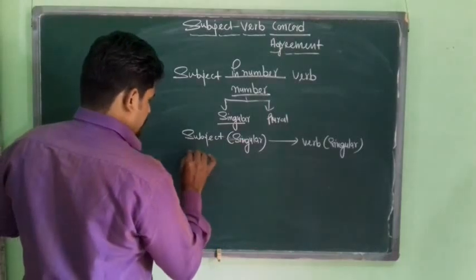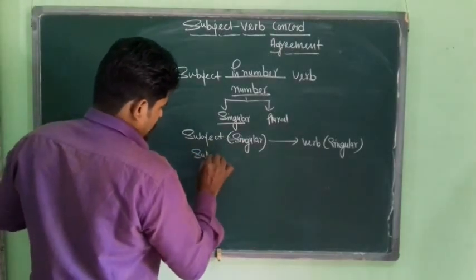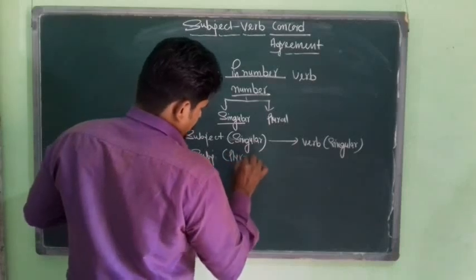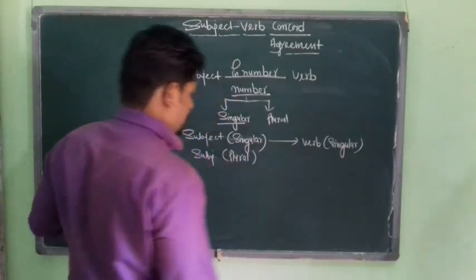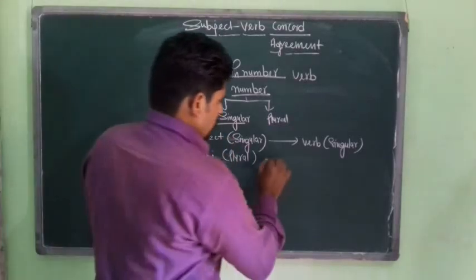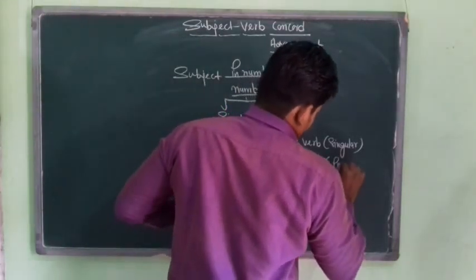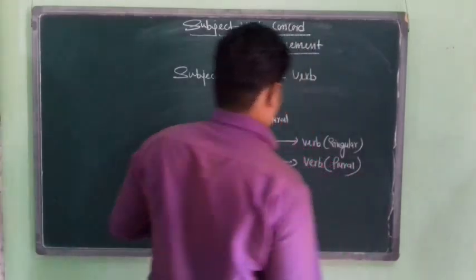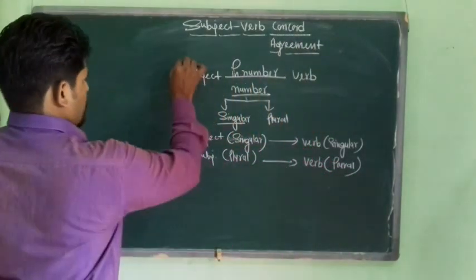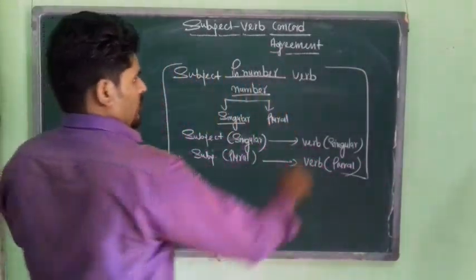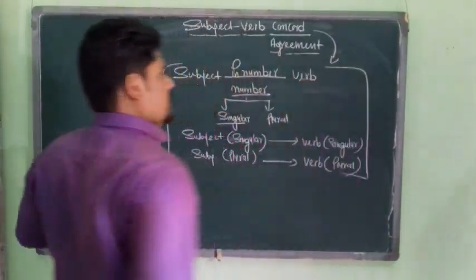If the subject is in plural number, the verb that follows it must be in plural number. This is the sum and substance of the topic that we are going to discuss today.